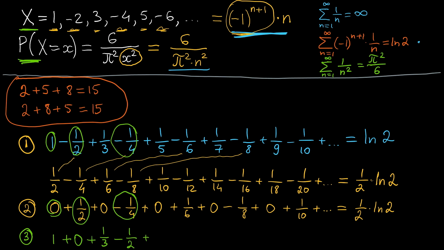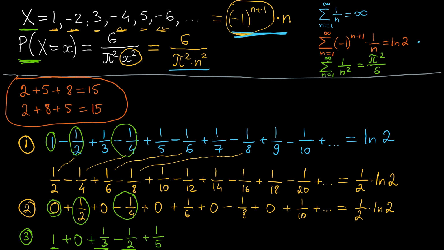Then plus 1 over 5. Notice something really interesting here. This is starting to look like the alternating harmonic series. We have the 1 here, we have minus 1/2, we have plus 1/3, but now we need minus 1 over 4.